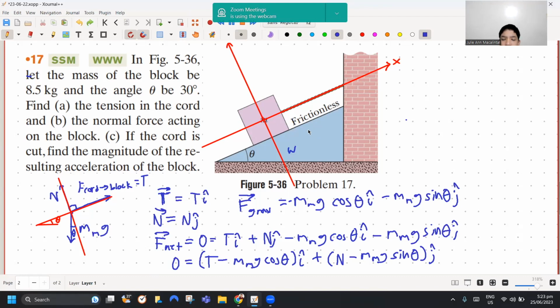No. Walang component of motion along y. It's only going to slide along x. So what do you know about acceleration along y? So what should the acceleration along y be?